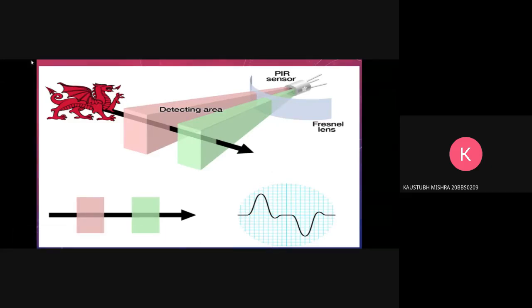Now, whenever there is movement, whenever a big red giant dragon walks in front of the sensor, it follows this path. So in short, it first enters the red area, then leaves it, and then enters the green area. So when it is in the red area, all of us, or almost all living things, even us, we emit infrared radiations.